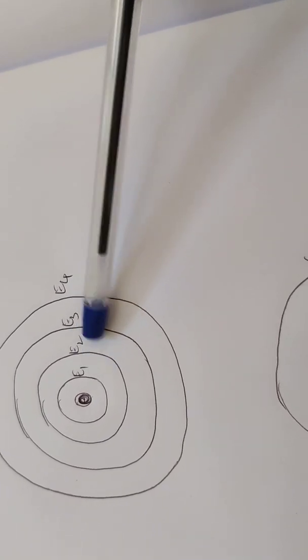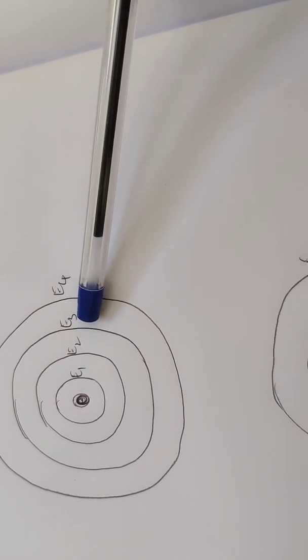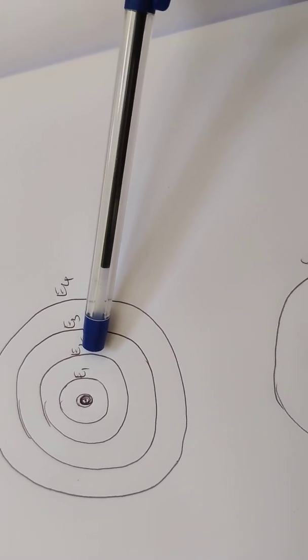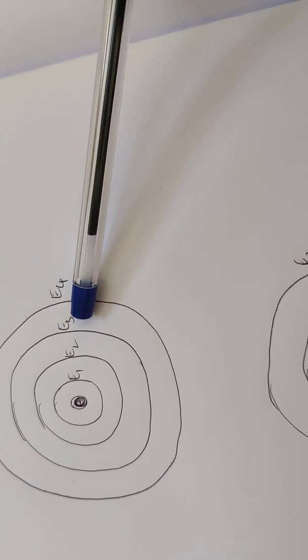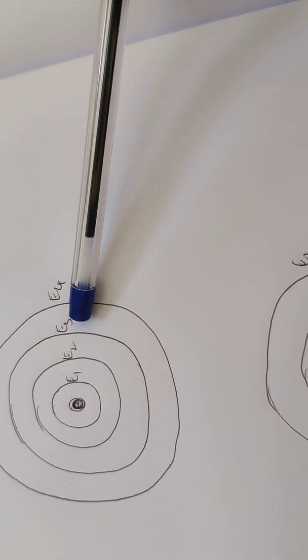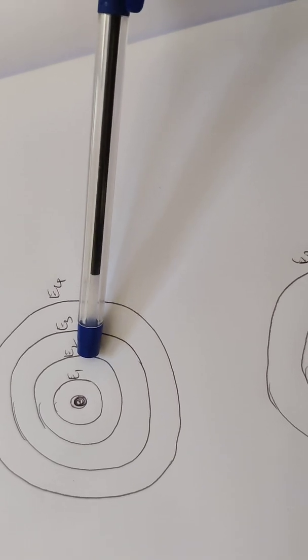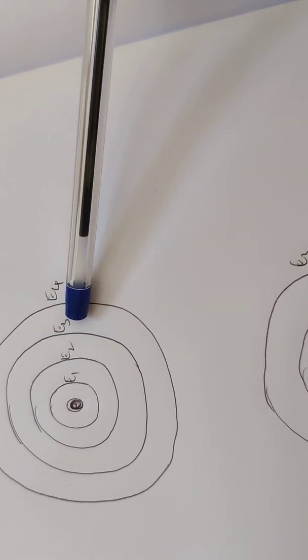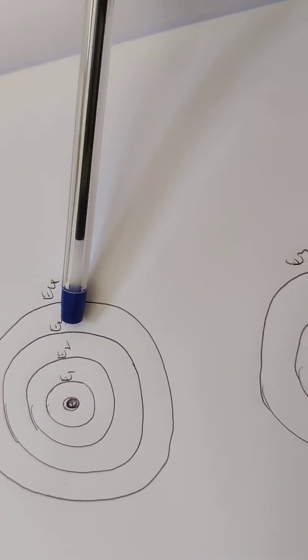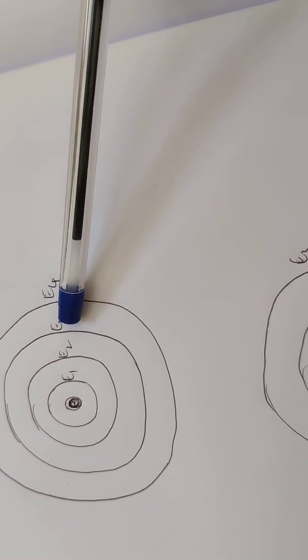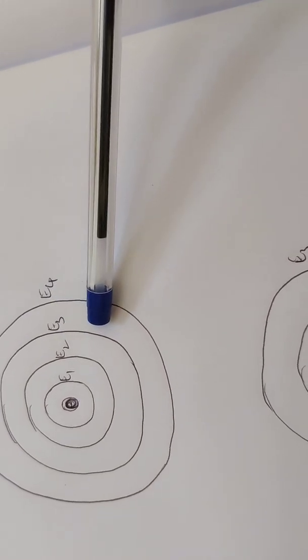Or if you take E2 and E3, E2 is the ground state and E3 is the excited state. So when an electron gains energy, it jumps from ground to excited. In this condition, the energy is absorbed by the electron.